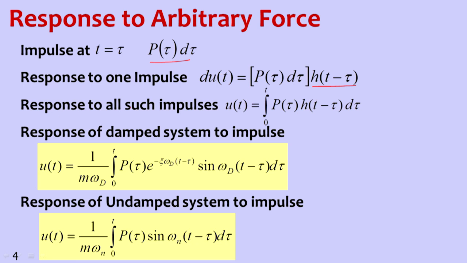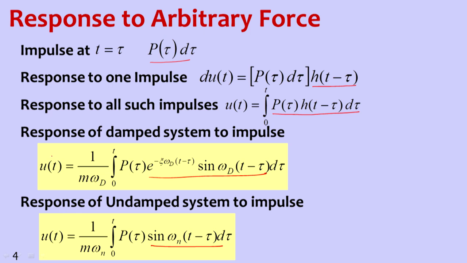The response to all such impulses is the integral from 0 to t of p(tau) h(t minus tau) d tau. This is the convolution integral. If we substitute h(t minus tau) for damped and undamped free vibrations, we get the complete response.